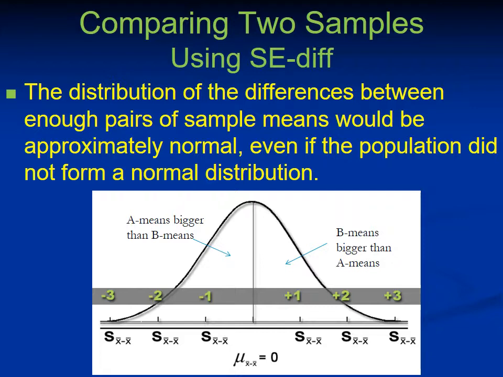If we do that calculation and the result falls outside, right, outside this 2 standard error range, we can then say that we are confident that there is a real difference between the two populations from which our samples were drawn to the 0.05 level of statistical significance, or even the 0.01 level if we get to outside this 2.5 standard error range.